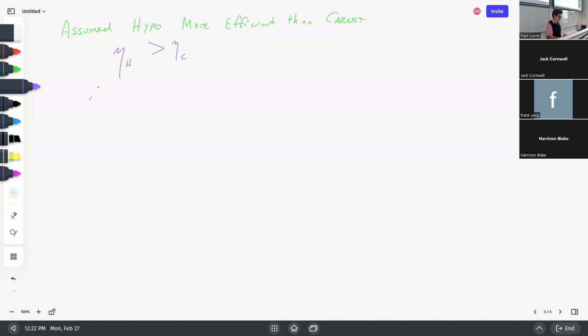And this means that work dashed divided by Q2 dashed has to be bigger than work divided by Q2. So the work out divided by the heat in for hypo has to be bigger than the work out divided by the heat in for Carnot, except Carnot's running backwards. So it's actually the heat out in this case.